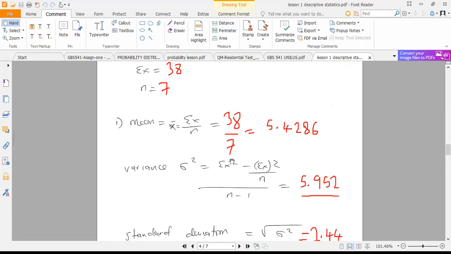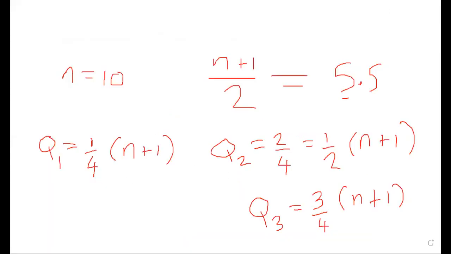We find the variance. The population variance is given by sigma squared. So we have summation of x squared minus summation of x to the power 2 over n, everything over n minus 1. Here you need to be diligent when you're doing the substitution. For a sample, variance is just s to the power 2.